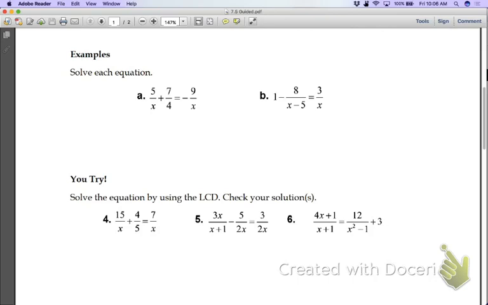Since 2 of the 3 share a common denominator, what I would say is move the 5 over x to the other side and treat it just like we did before.